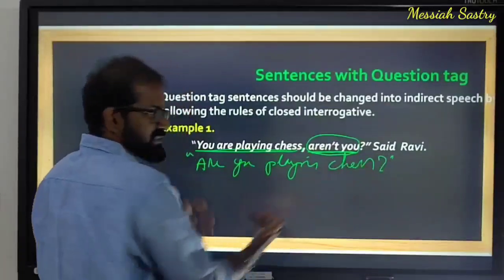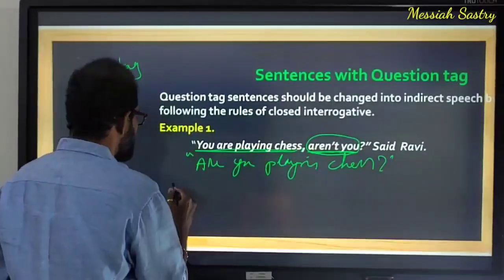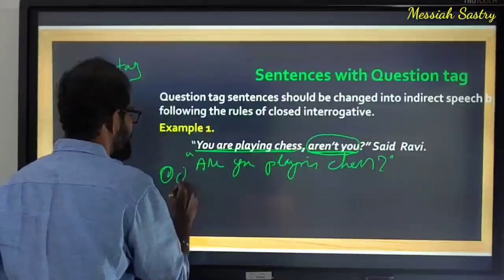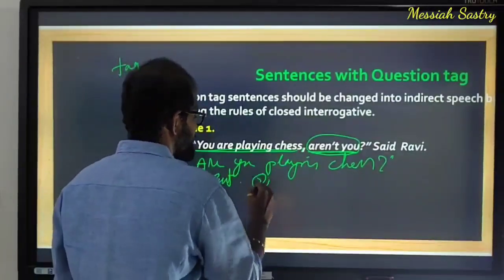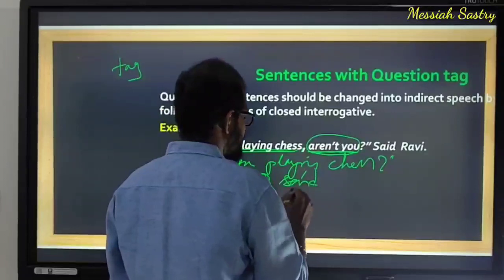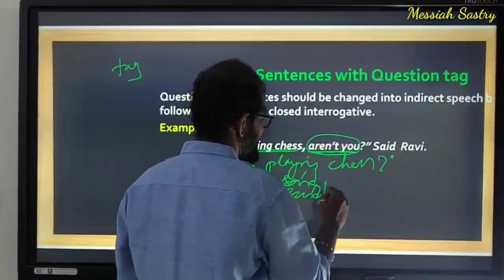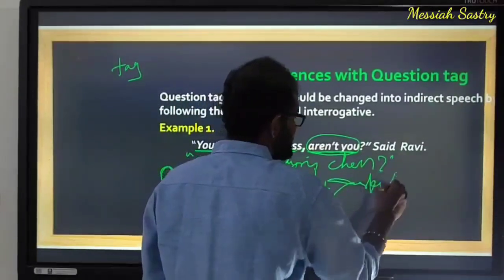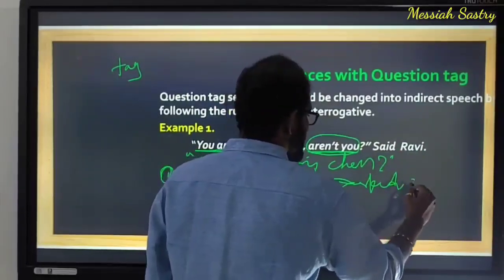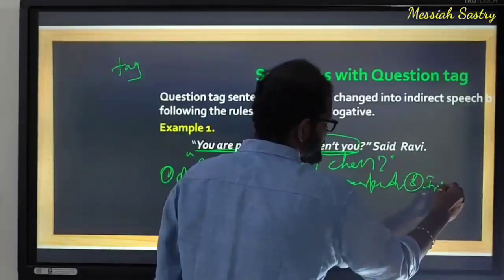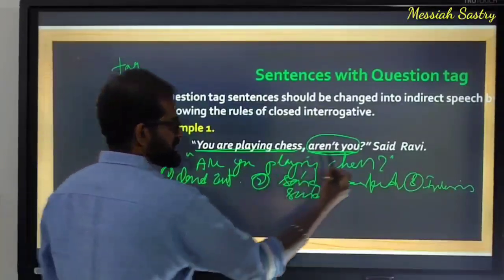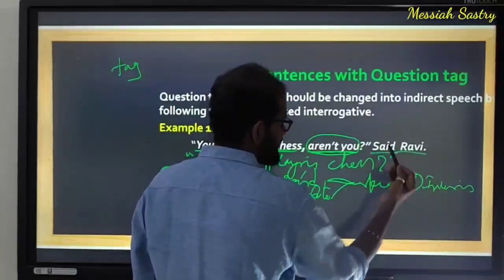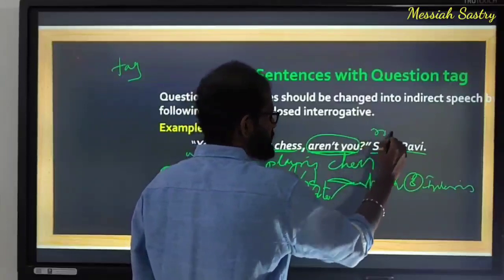Are you playing chess is a closed interrogative sentence. Point 1, it is a closed interrogative sentence. And if it is a closed interrogative sentence, said or said to changes to asked. Third point, inversion. Fourth point, use me if there is no listener. Let us see whether there is a listener or not. Ravi said, so there is no listener, so we use me.